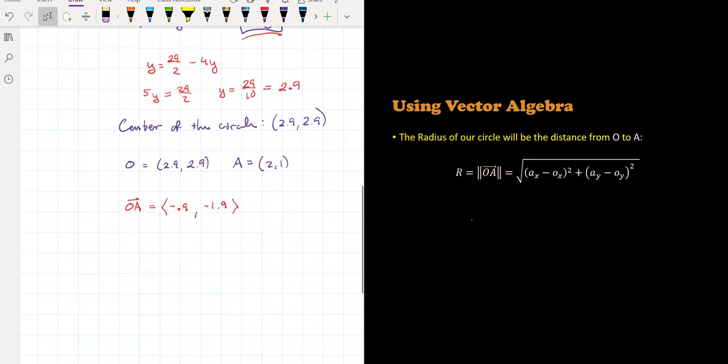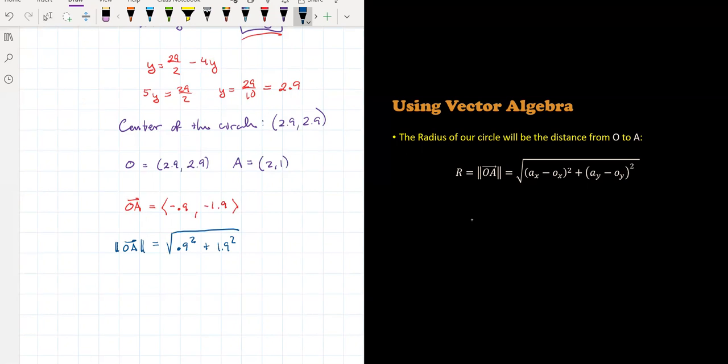And then the magnitude, or the norm, or the length of this vector gives us the distance from point O to point A. Now, this will be the square root of 0.9 squared plus 1.9 squared. We can discard the negatives when we square it, because if you square a negative, you get a positive.